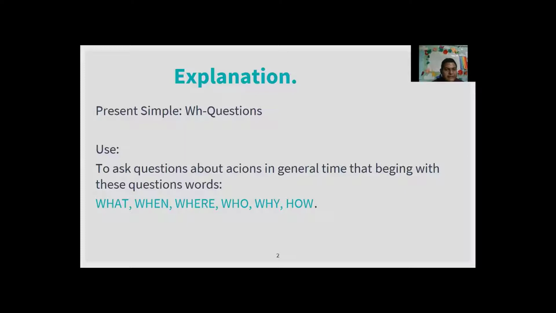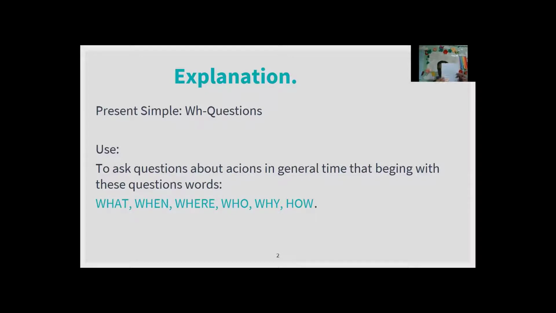Okay, the usage of double H questions is to ask questions about actions in general time that begin with a question word. Do you remember that they appear over here in the bingo? What, when, where, who, why, and how.